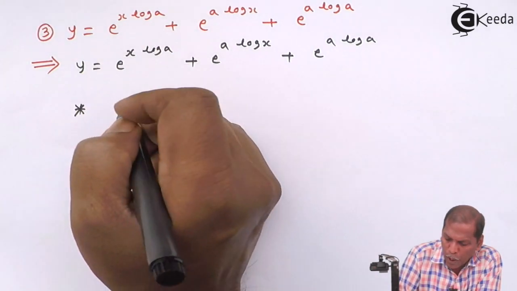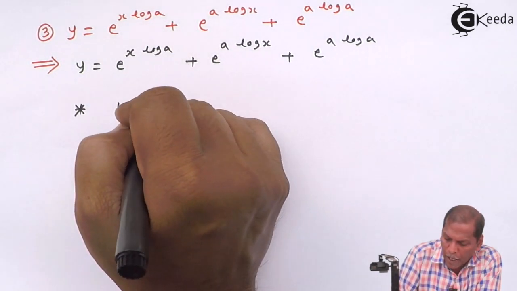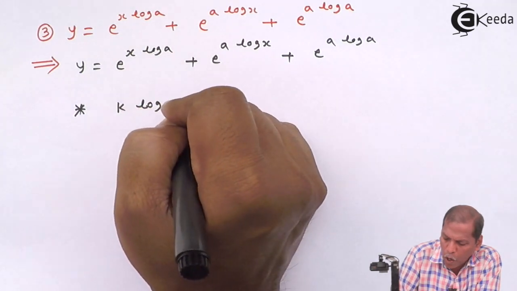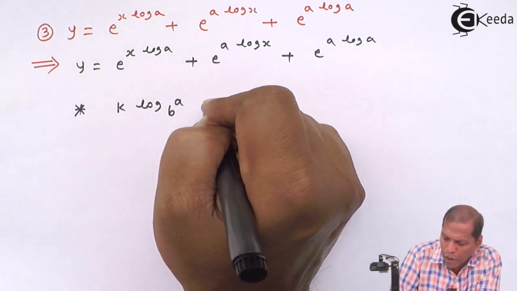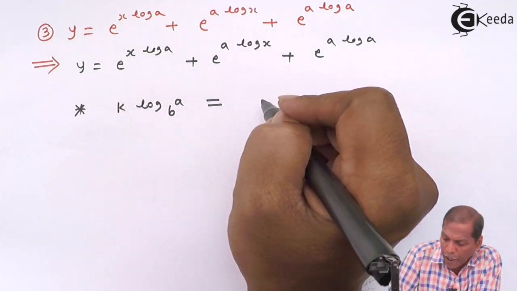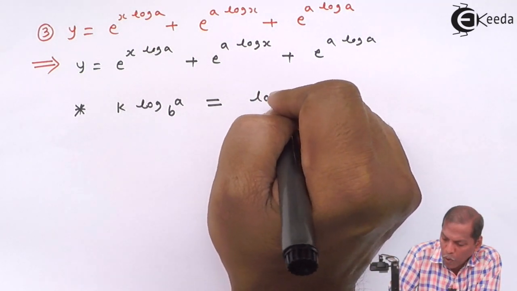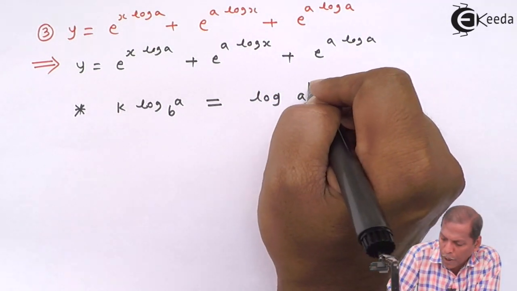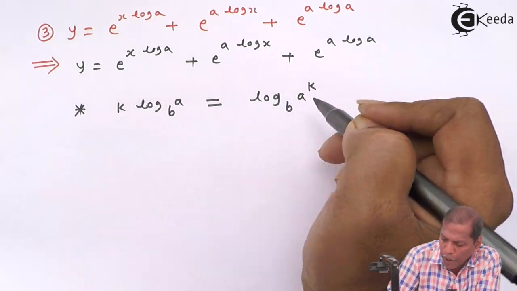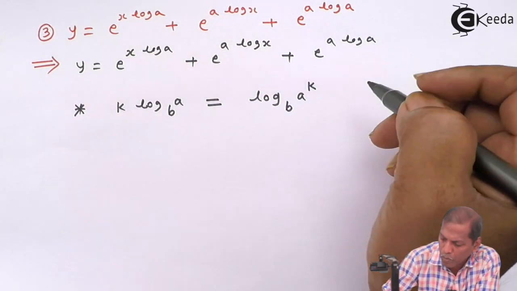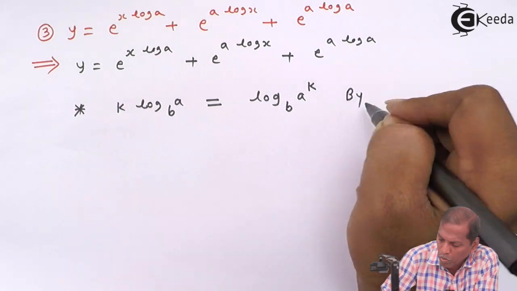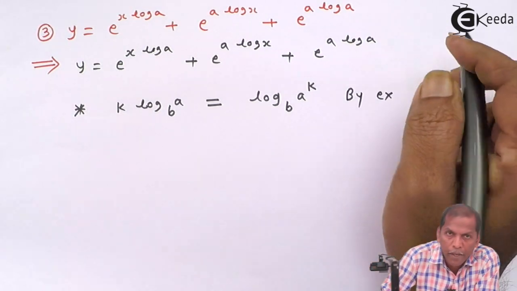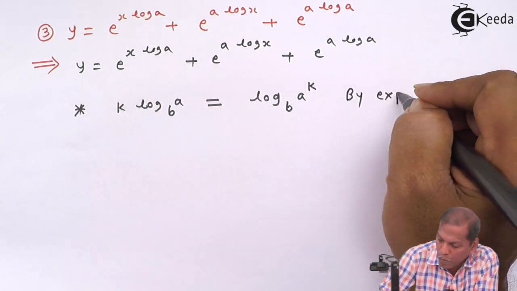So by that exponent law, k times log a to the base b can be written as log a raised k to the base b, by exponent law.